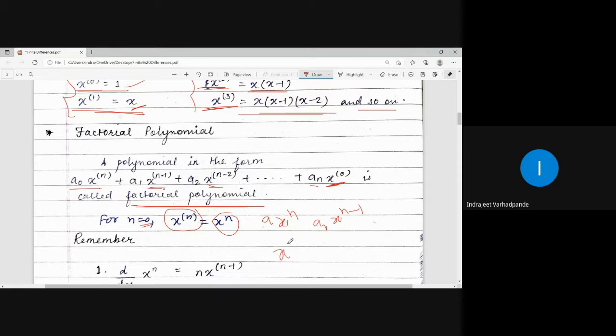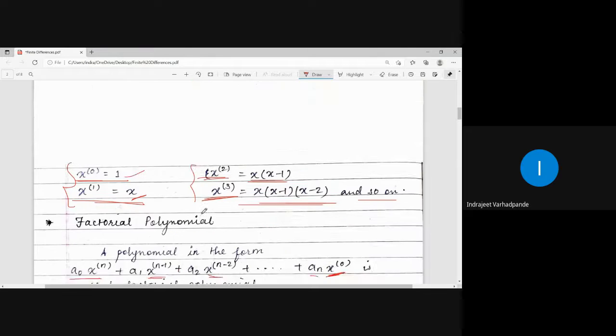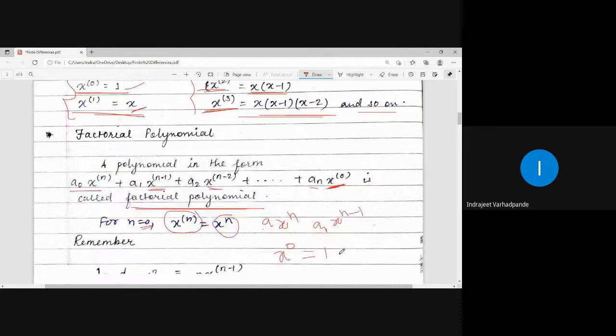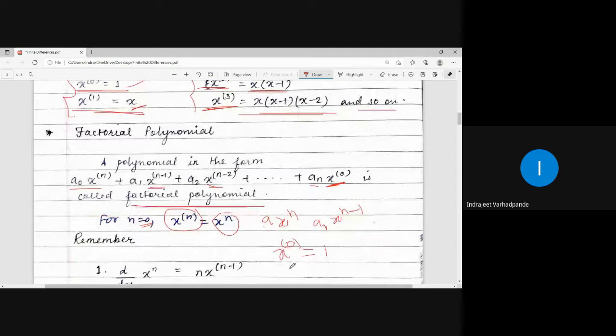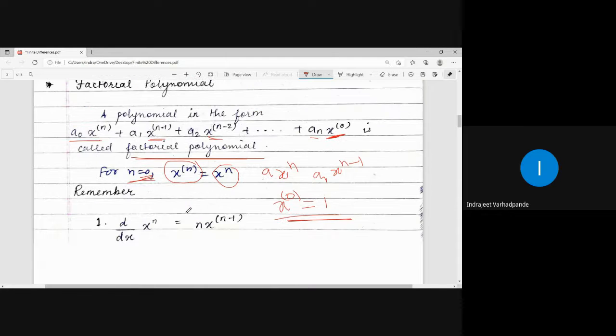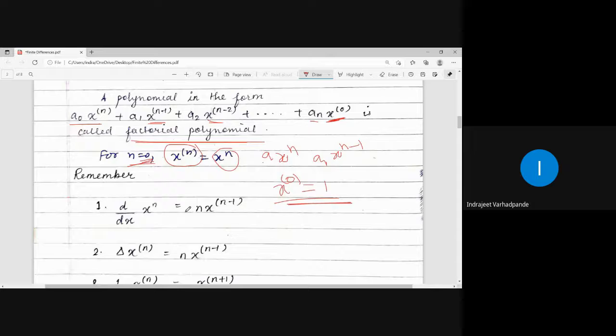See, x to the power 0 factorial is nothing but 1, and x to the power 0 is also 1. So ultimately x to the power n factorial and x to the power n will be the same when n is equal to 0. But how do we simplify when certain operators are operated on this factorial notation?